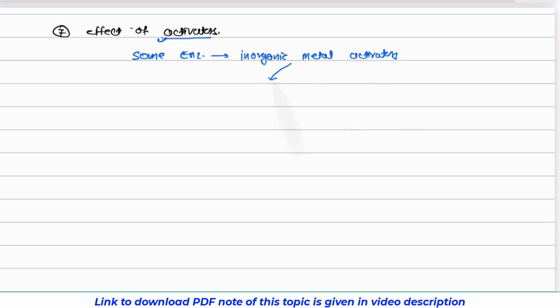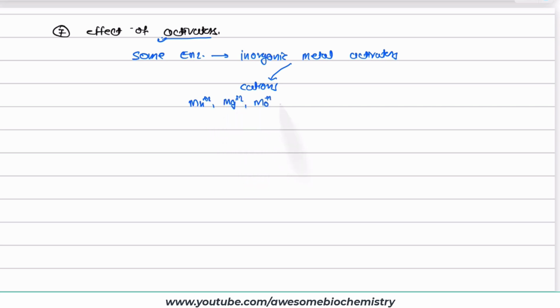Mostly these inorganic metal activators are cations. For example, manganese, magnesium, molybdenum, then zinc, then copper, calcium, okay, even sodium and potassium can be inorganic metal activators, and rarely they can be anions. For example, chloride ion. This chloride ion acts as an inorganic activator of the enzyme amylase.